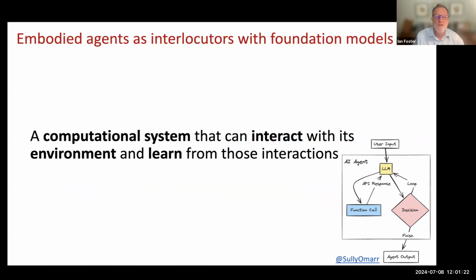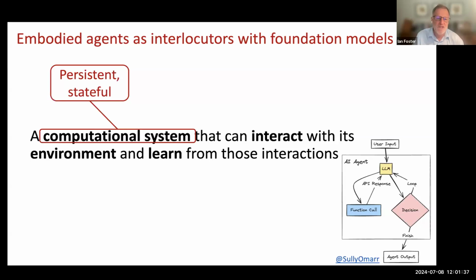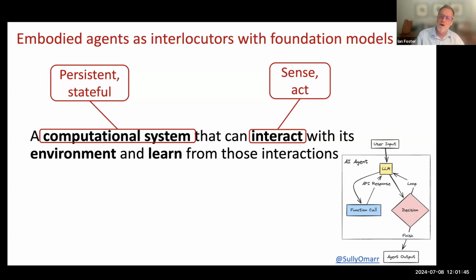Okay. And I'll just maybe say a few words here about this notion of agent. So it's actually a very old term from computer science. So an agent, at least one definition, is a computational system, persistent and stateful. So state is important. It's long running. It can accumulate information. It can interact with its environment. That could be by performing an experiment or running a simulation.